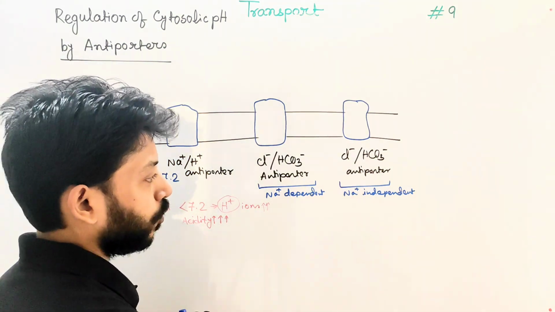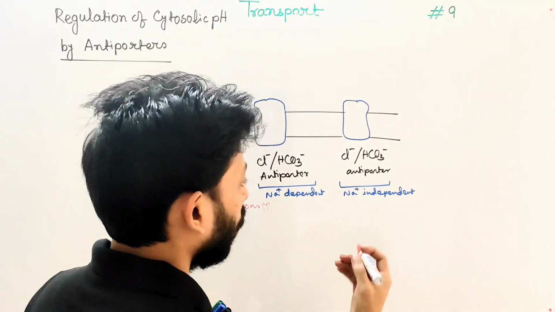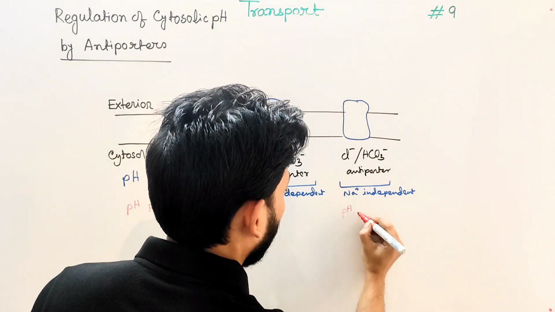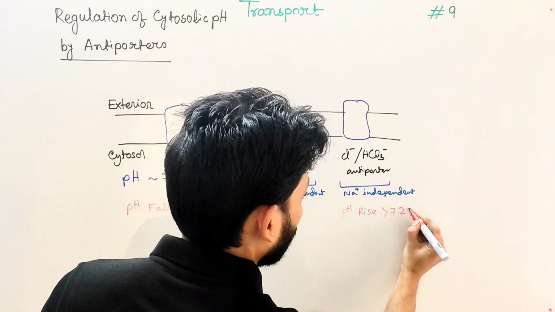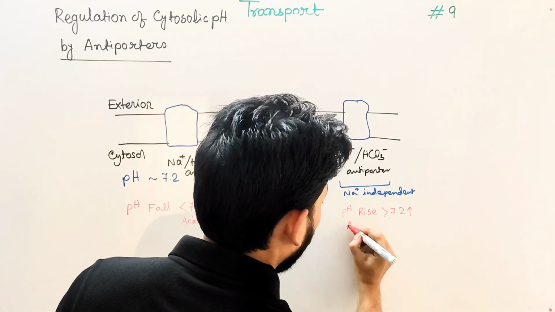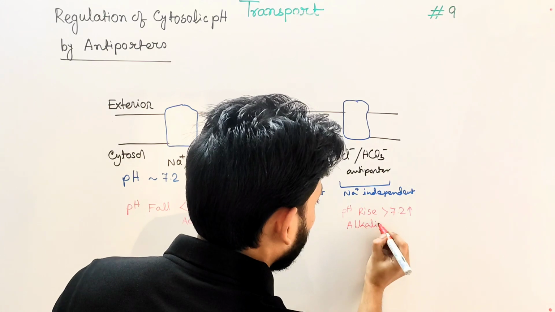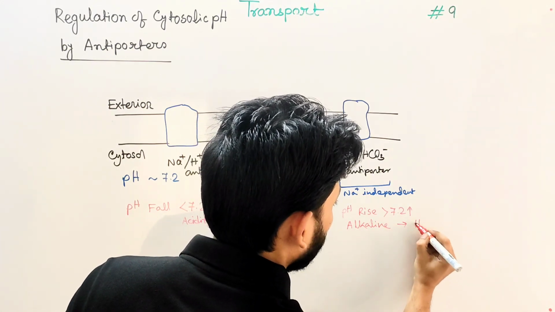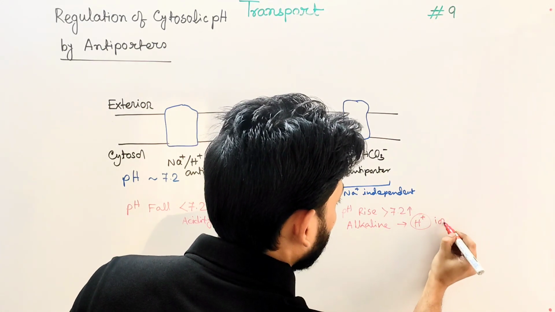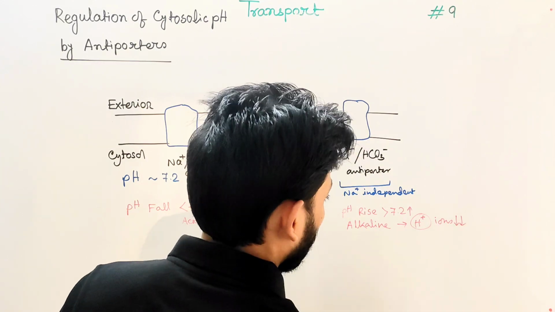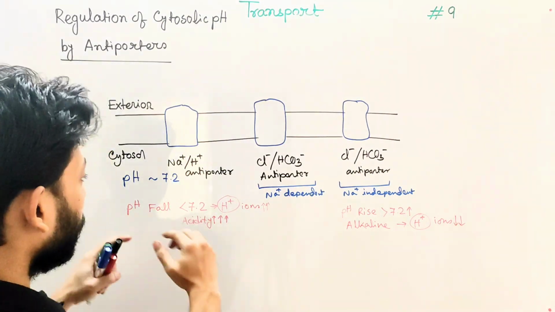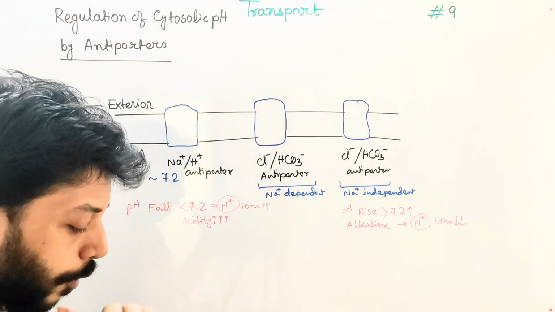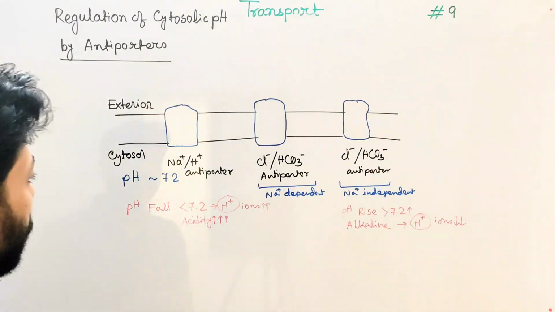But this antiporter works at its best when the pH rises above 7.2, that means it becomes too alkaline, and that means the hydrogen ions drop. So by this way, it maintains the pH at 7.2. So how it works, I will explain.